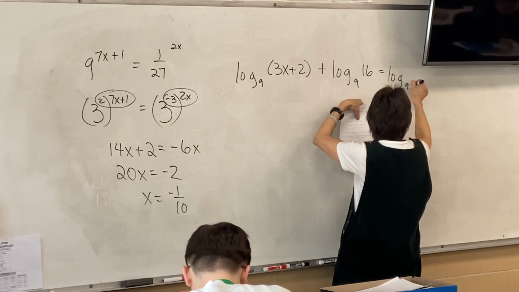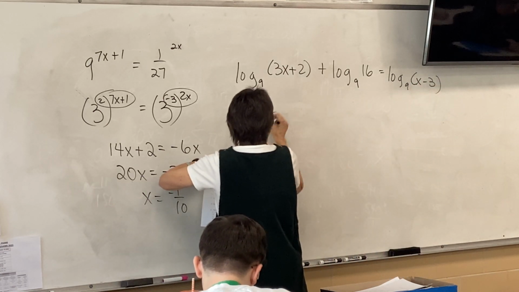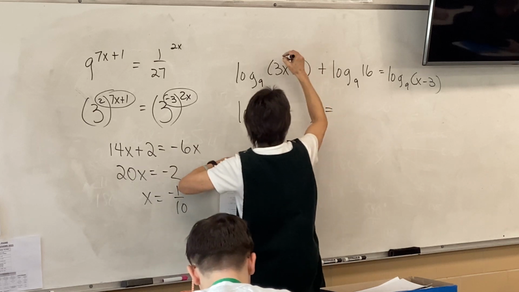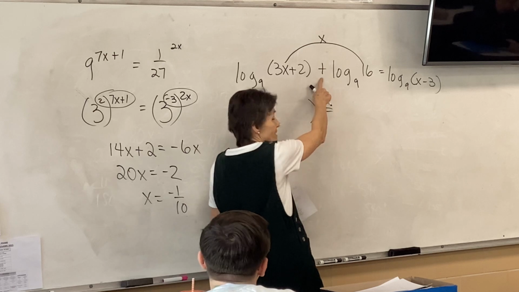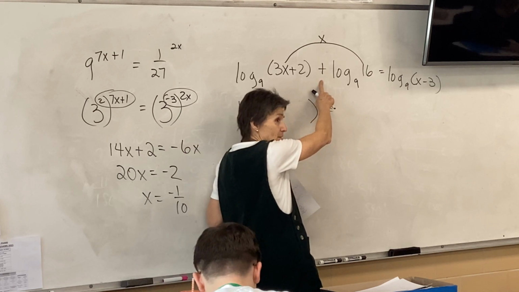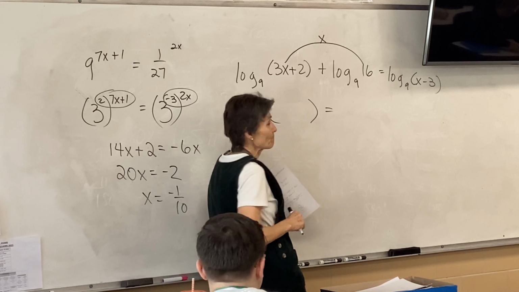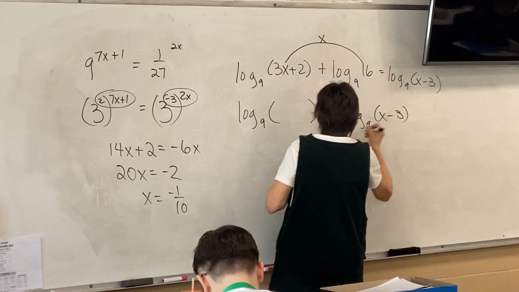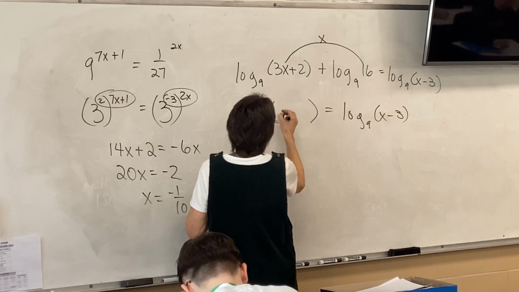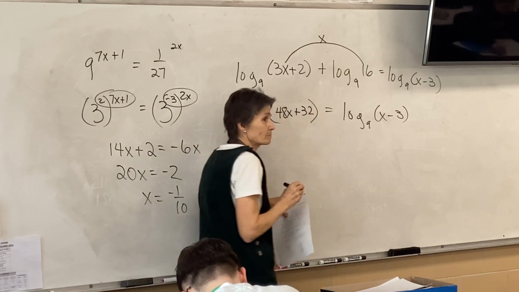Now you can put those logarithms together, and when they go together, they're going to go together as a multiplication, because that's a plus. If that were a minus, they'd go together as a division. So what am I going to have then when I put those together? 48x plus 32.